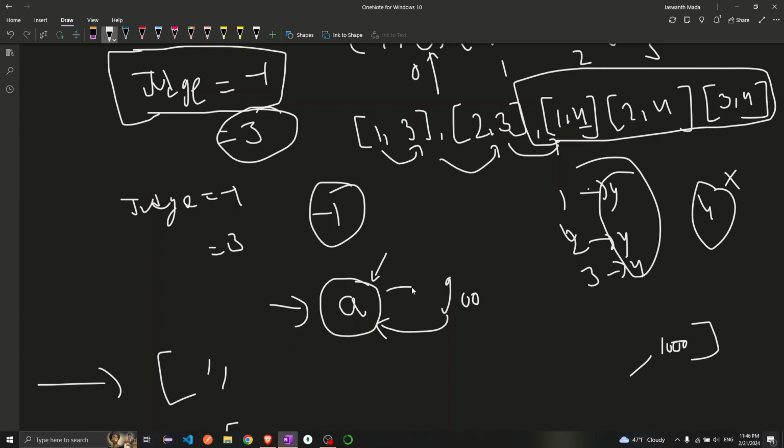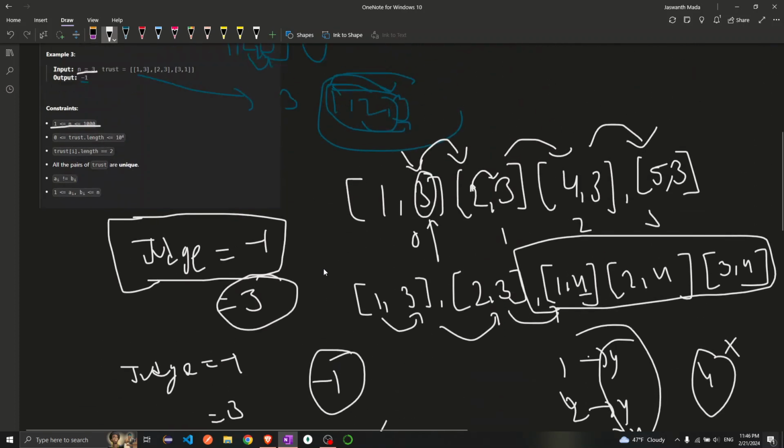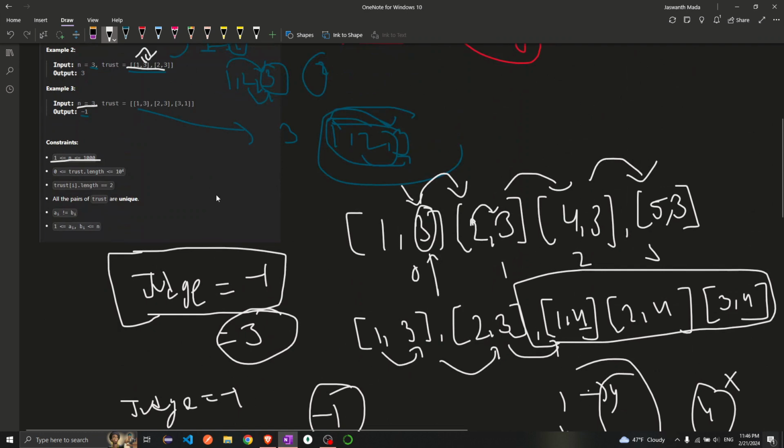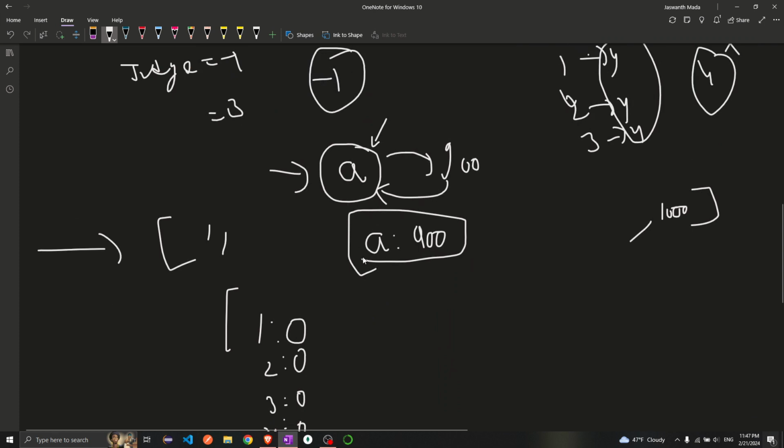But A should not trust any of the 900 people, right? So this means that when I'm traversing through the trust array, I'll count how many people are trusting A. If 900 people are trusting A, and if A is not trusting anyone, then I'll say A is the answer.